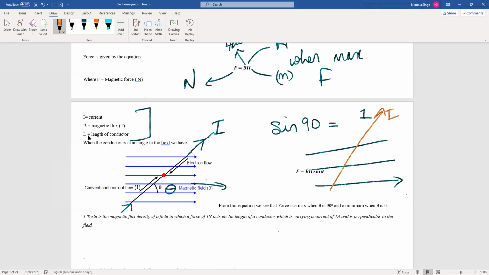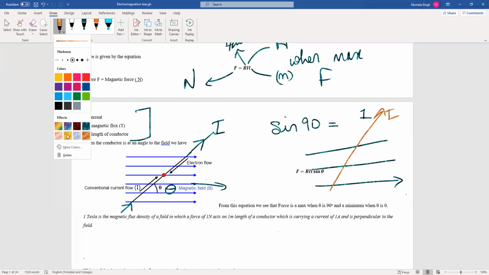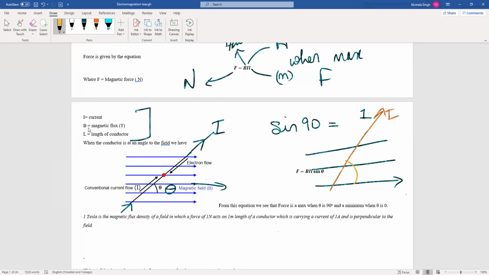So your current carrying conductor would have moved theta degrees away from your magnetic field. So this is where we end up using sine theta, because sine theta tells how far you moved away from your x-axis, or in this case, your horizontal. But remember, we don't have a horizontal, but we are taking our magnetic field as our x-axis.